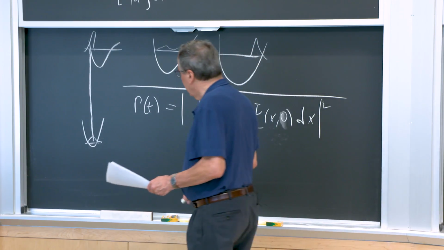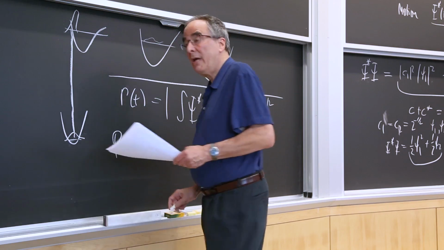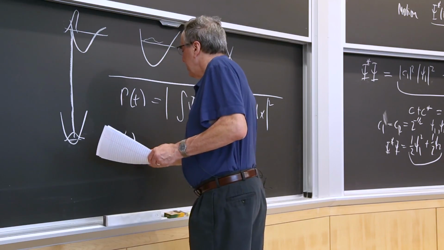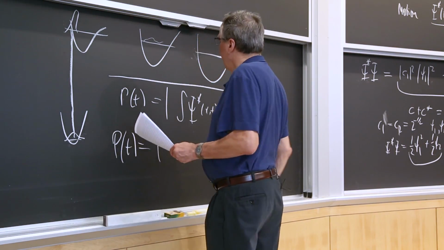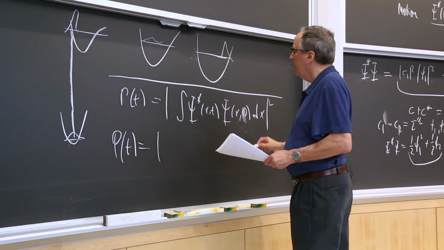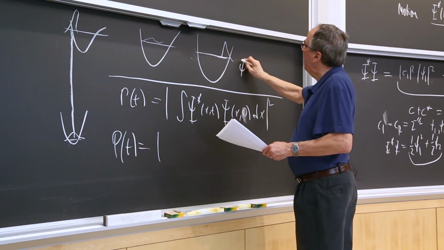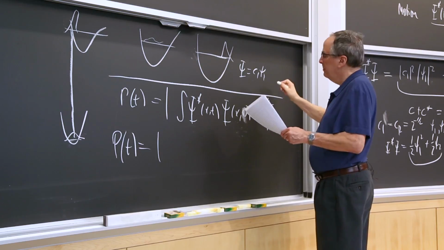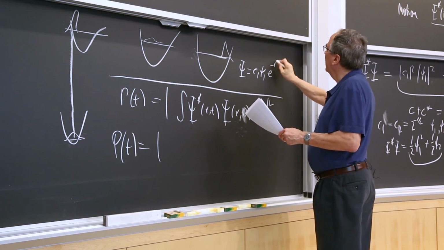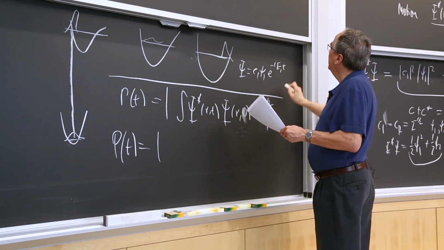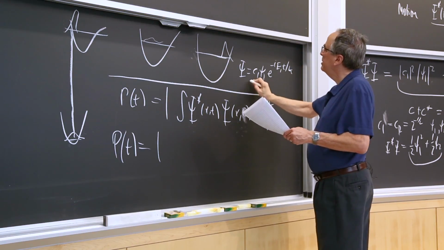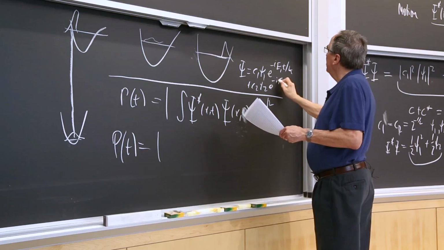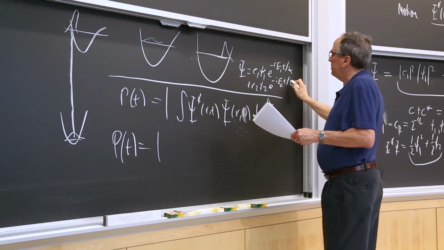I'm just going to write the solution. So the result is, if we have the same kind of two-state superposition, C1 psi 1 e to the minus i E1 t over h bar plus C2 psi 2 e to the minus i E2 t over h bar.